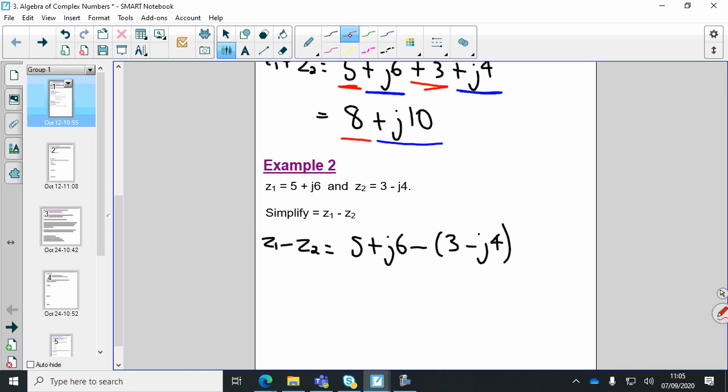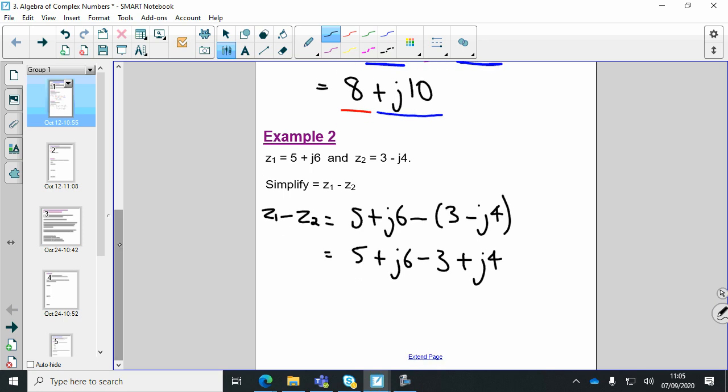So what I'm actually going to do is simplify that bracket. We've got minus of 3, so that's going to be minus 3. And then we've got minus of negative J4, so that's actually going to be plus J4. So just be careful when you've got two negatives. If you need to revise your negative numbers, you need to go back and do that in your own time.